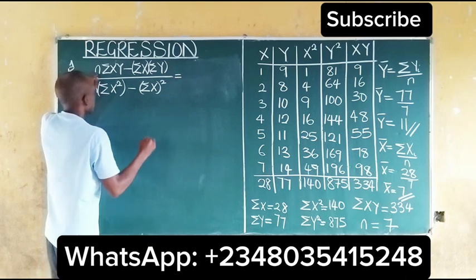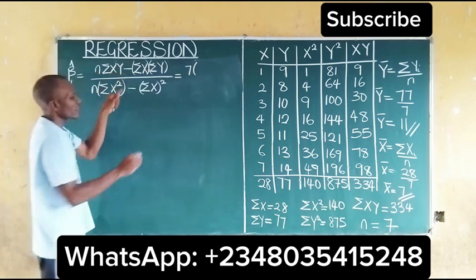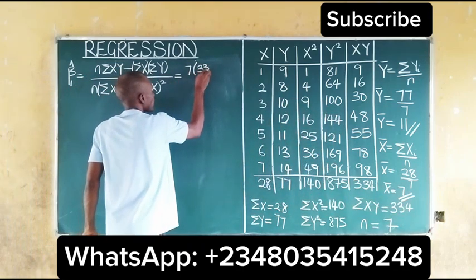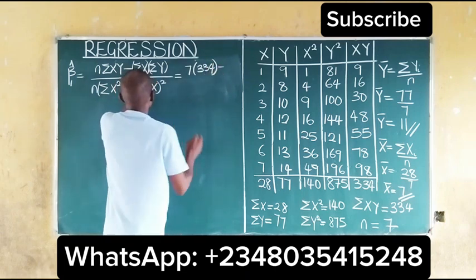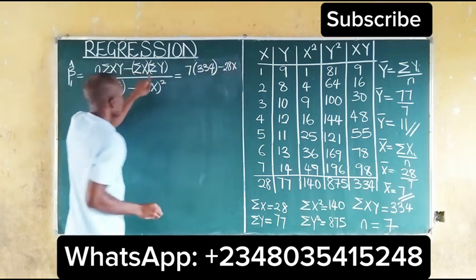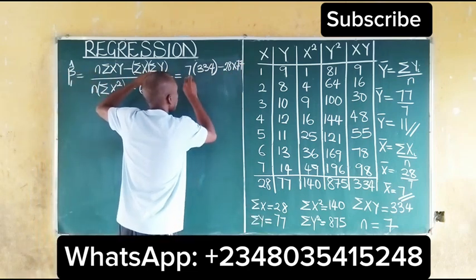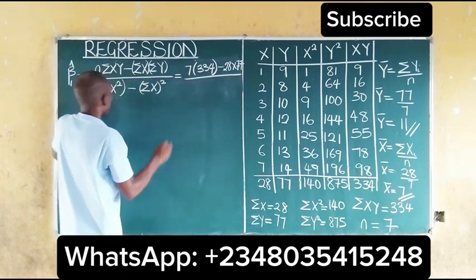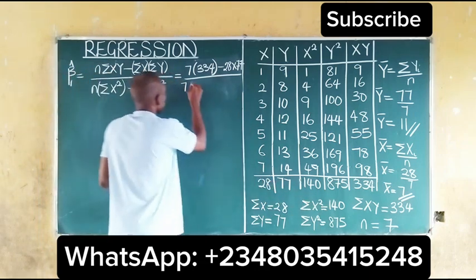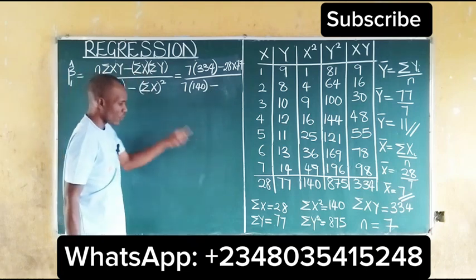So which is equal to, our n is 7. Now what do we have as summation of xy? Summation of xy is 334. 334 minus summation of x, which is 28, multiplied by summation of y, which is 77, all over n, which is 7, times summation of x squared, which is 140, minus summation of x all squared.